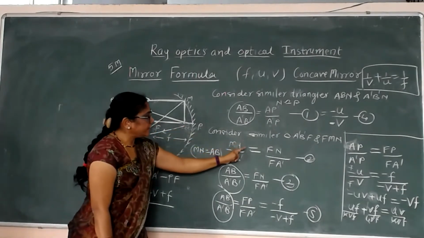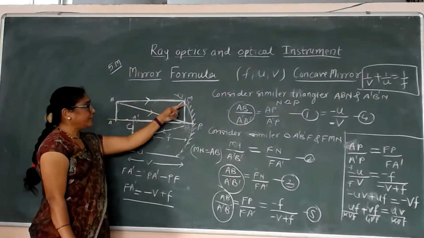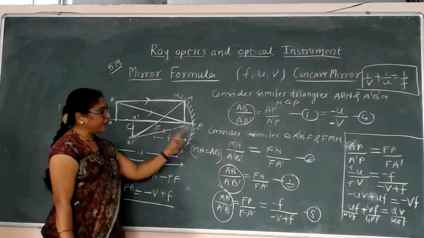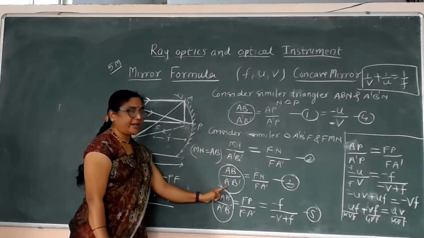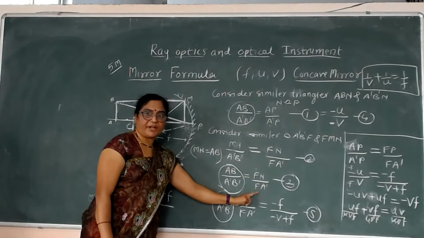Here MN is parallel to AB, so MN is equal to AB. Therefore, AB divided by A dash B dash is equal to FN divided by FA dash.